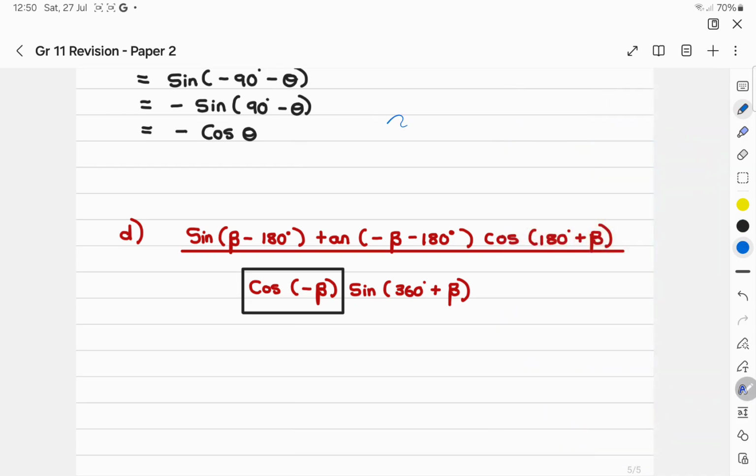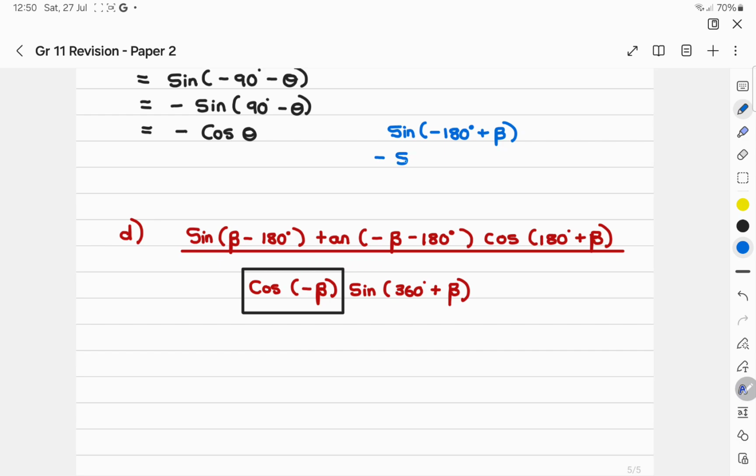Again, I'm just going to do it separately somewhere so that I don't waste too much space. So I'm going to say sine. First, I want to write the number 180 plus beta. Now I'm going to take out a negative because I don't want a negative 180.